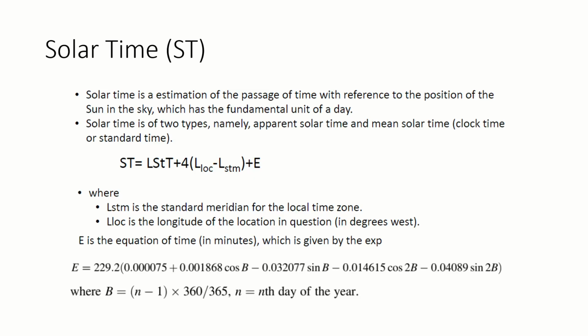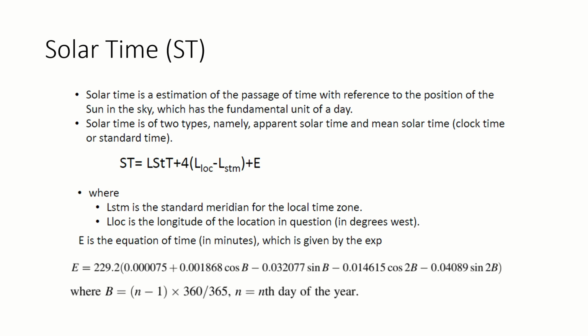Solar time. It is the estimation of the passage of time with reference to the position of the sun in the sky. There is apparent solar time and the mean solar time. Mean solar time is also called the standard time.